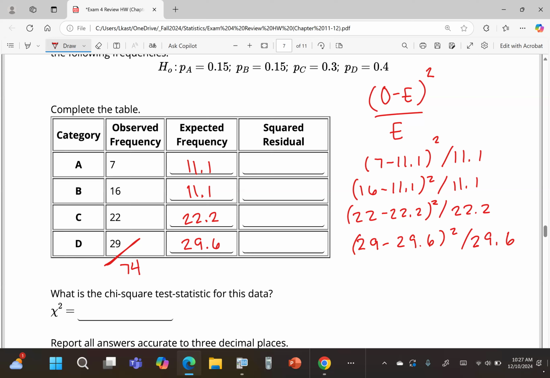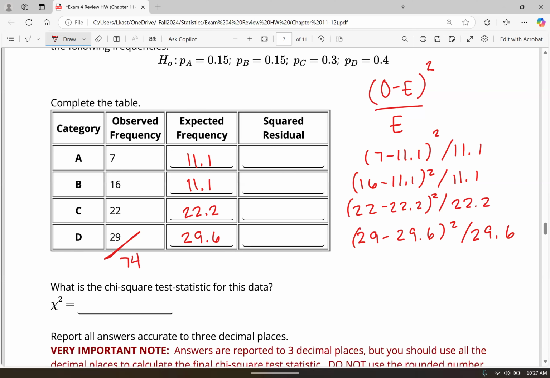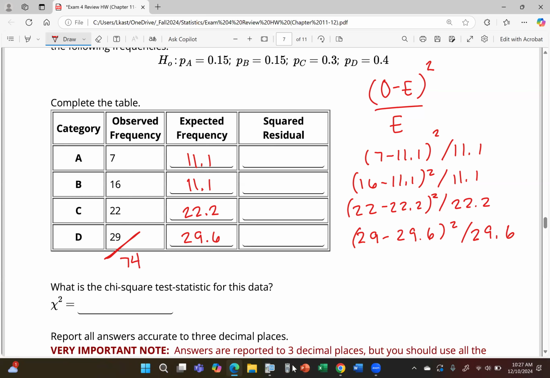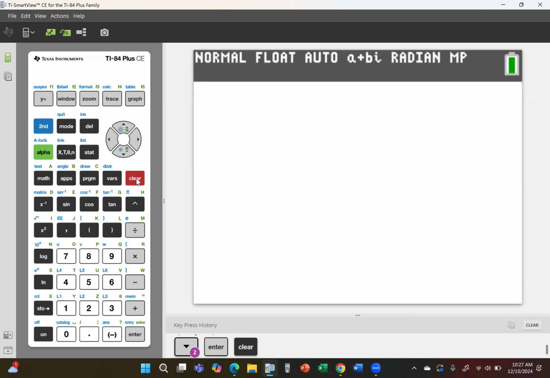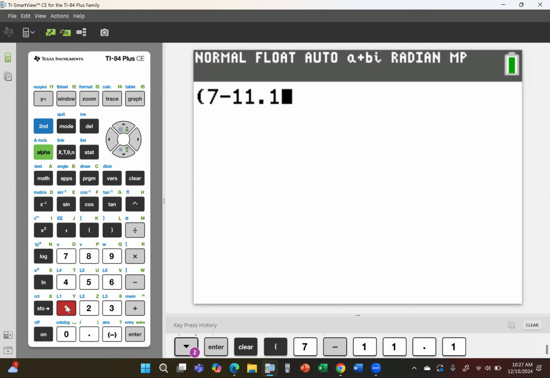So let's go do one of these calculations. Let's do the first one. So I have parentheses, 7, which is the observed value, minus 11.1, which I calculated from the probability.